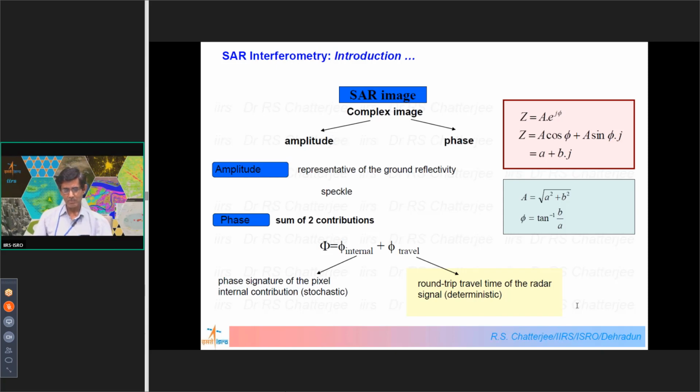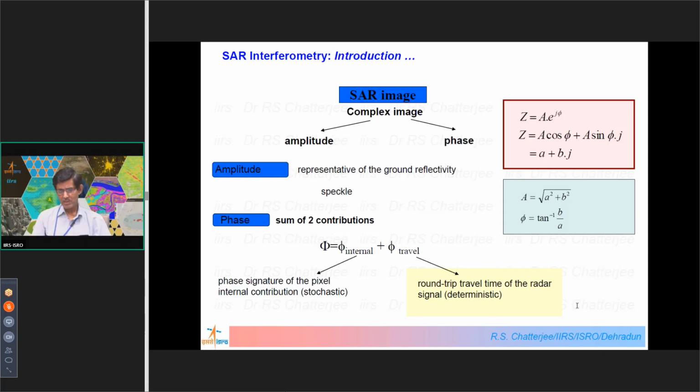In both cases we have the internal phase as well as the travel phase. Now we make one minus another, the internal phase is the same for both cases, and one nullifies the other. Then what remains is the round trip travel path for one SAR image and the other SAR image. So this is the phase difference due to the round trip travel distance of these two SAR images.